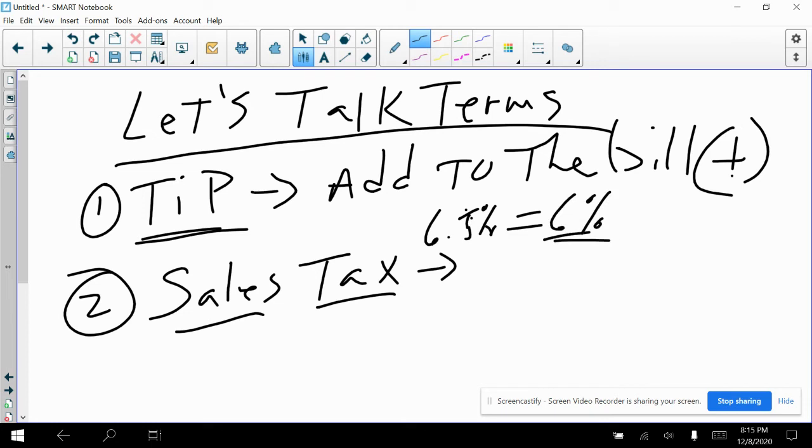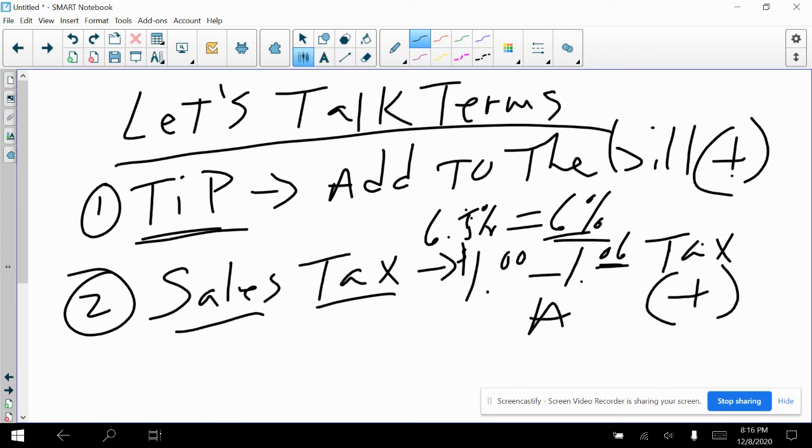We said, well, we're just going to make it 6% to make it easy. If you went into a store, a non-food item, and you bought something for $1, right? You're going to have to pay $1.06 because you're going to add a tax that is added on to the bill. Okay, that's something that you're adding on.